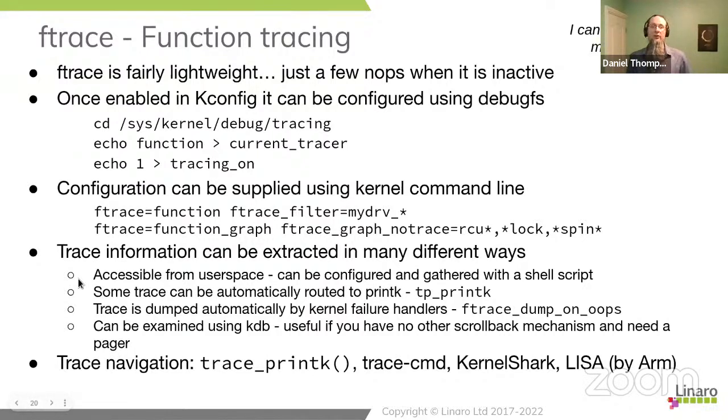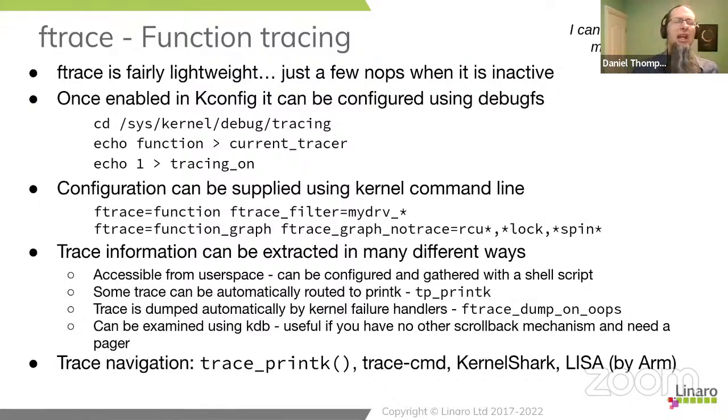Once you have the trace, it can be extracted in a number of ways. It's accessible to user space, and there are things like shell scripts you can use, or trace-cmd. Trace-cmd is a front end that helps you configure ftrace without having to go through this file system directly or without having to use the kernel command line. It's another way that gives you a more command line oriented, option flag based interface to configure function tracing.